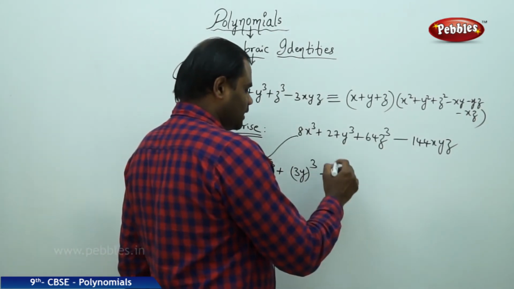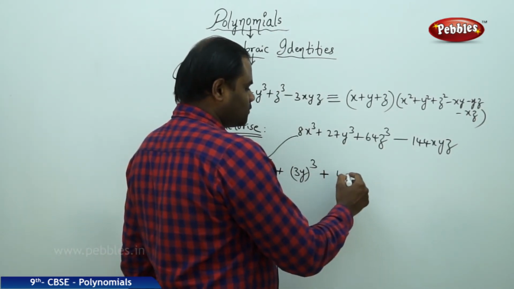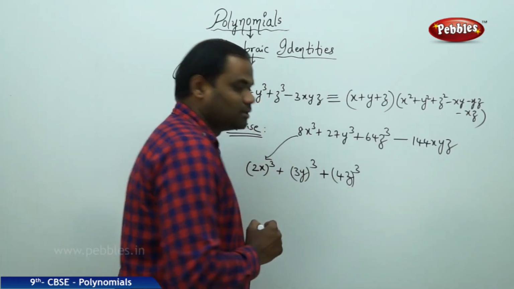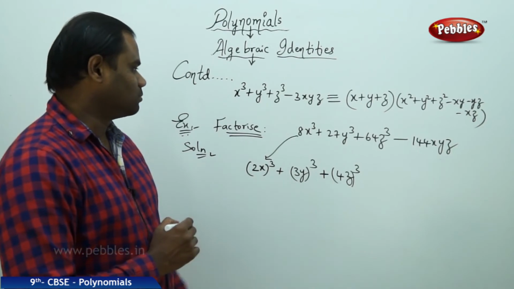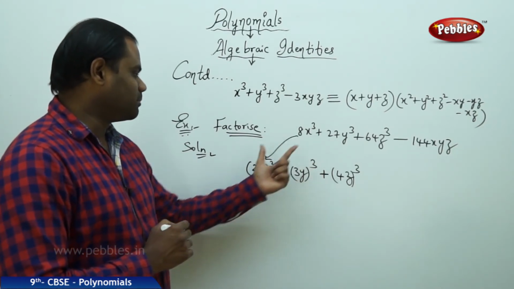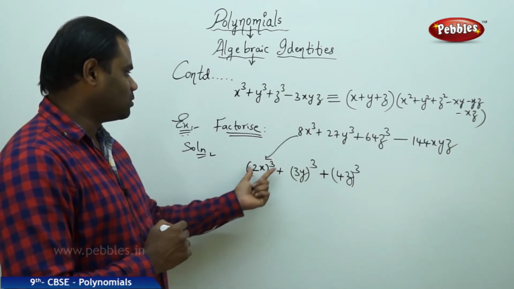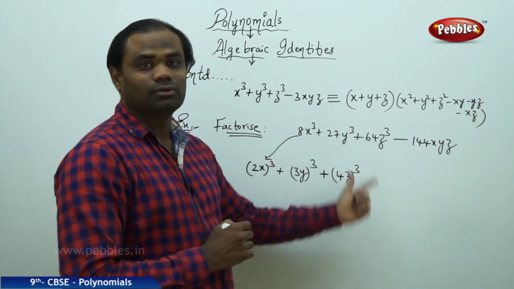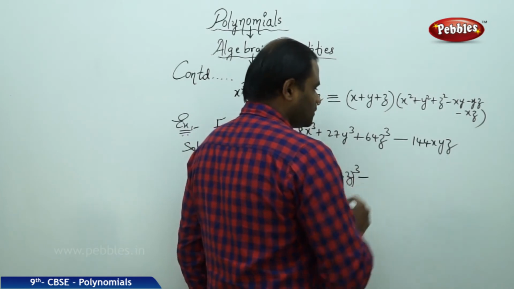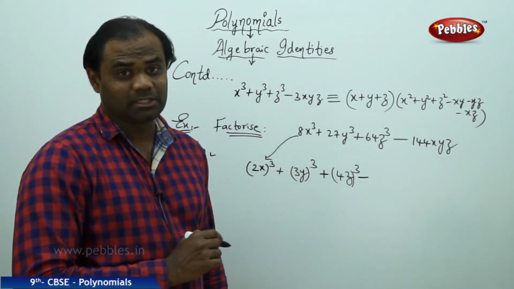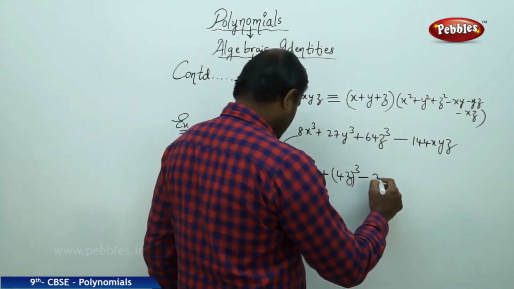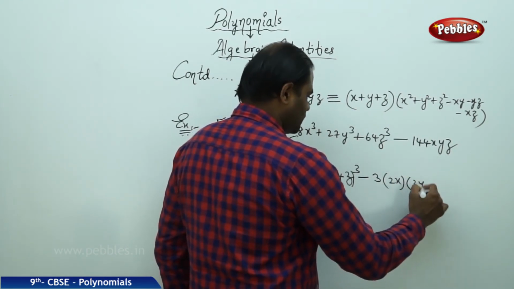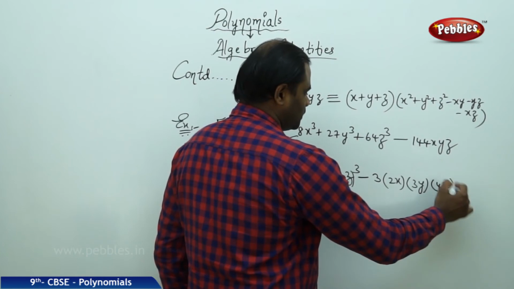And similarly, I have 64, which can be written as 4 cube, and this can be written as 4z whole cube. So the given polynomial can be expressed as 2x whole cube plus 3y whole cube plus 4z whole cube minus 144xyz, which can be split as 3 times 2x times 3y times 4z.